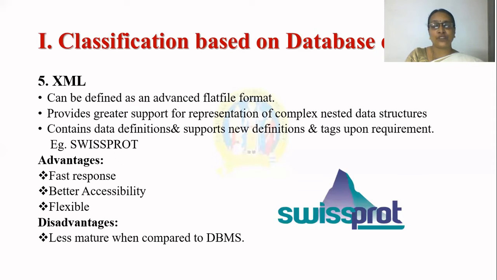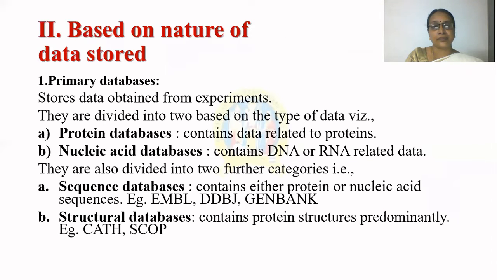It supports new definitions and tags upon requirement. The example of XML database design is found in a famous database called SwissProt. The advantages of XML database design are that it is usually fast to respond, it is better accessible, and it is quite flexible. The disadvantage is that it is less mature when compared to DBMS.